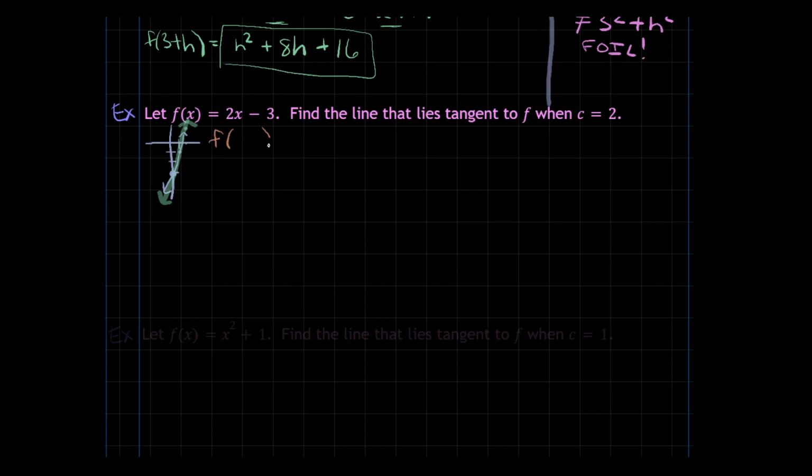f of something is 2 times something minus 3.